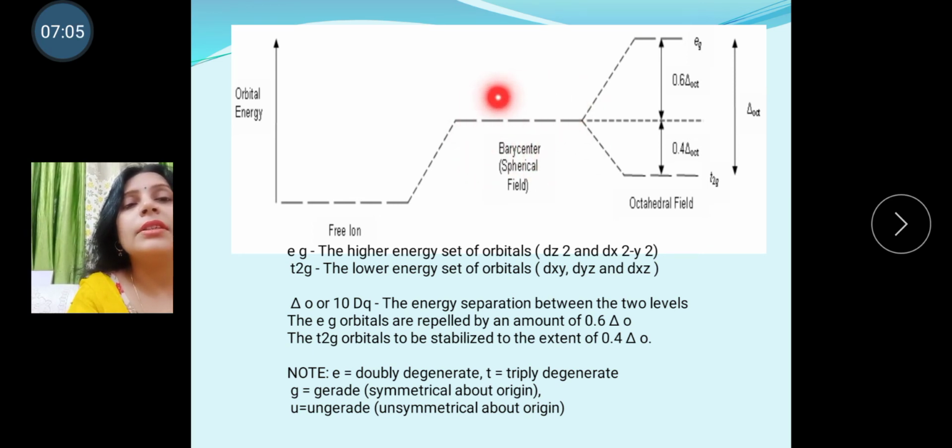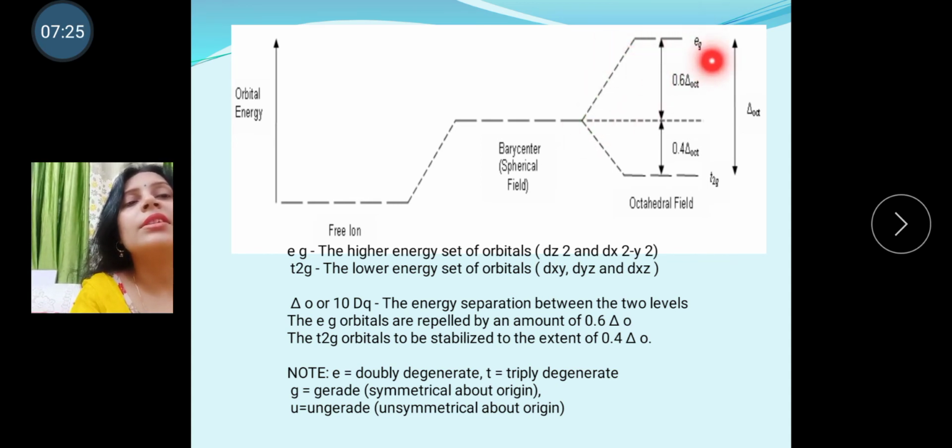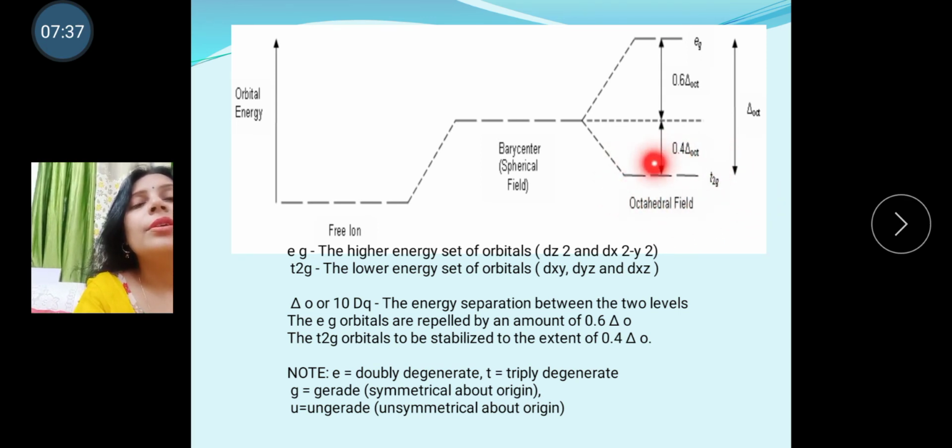We have earlier discussed that the eg orbitals are placed directly in the path of the approaching ligands, that is along the axes. So this set of d orbitals is raised higher in energy, while the T2g set, which is present in between the axes, has lower energy.